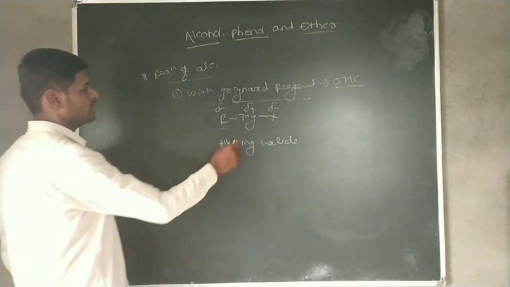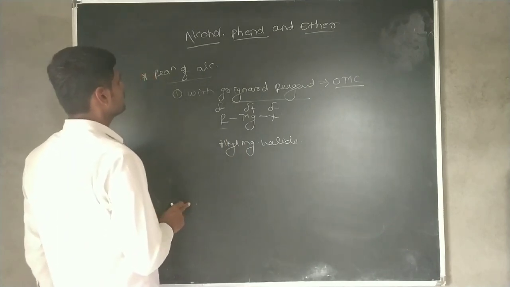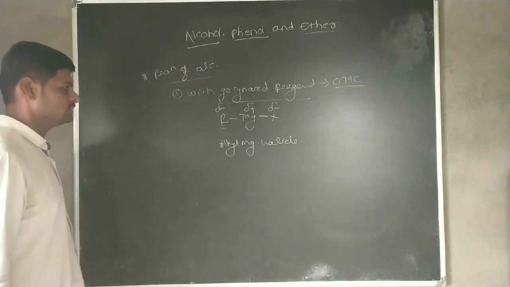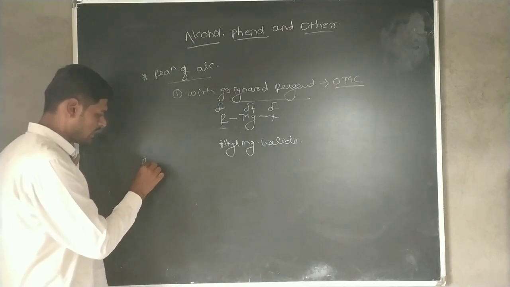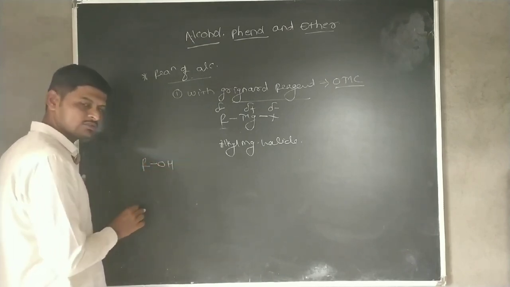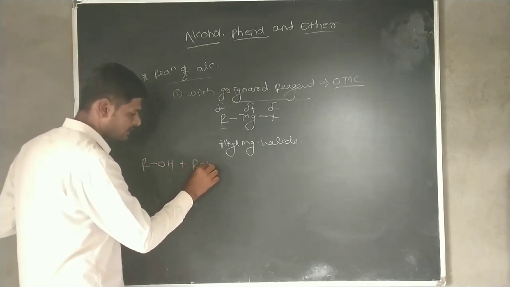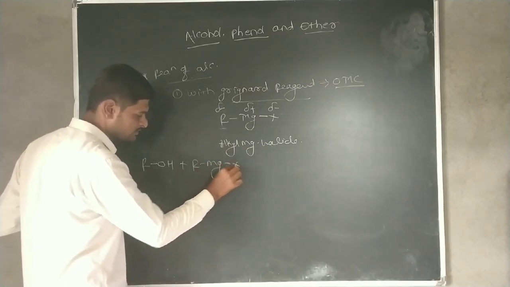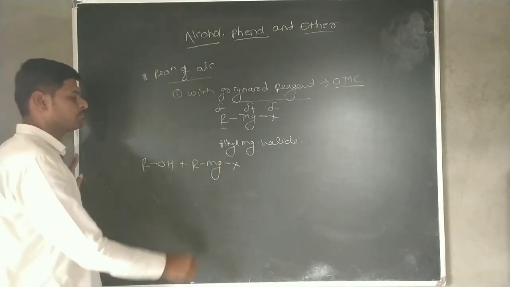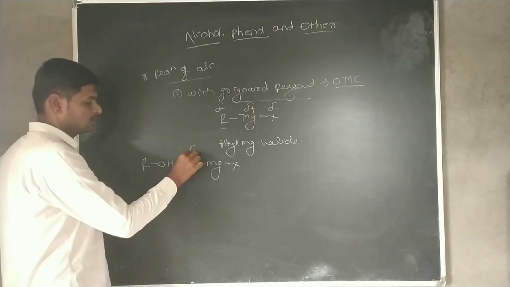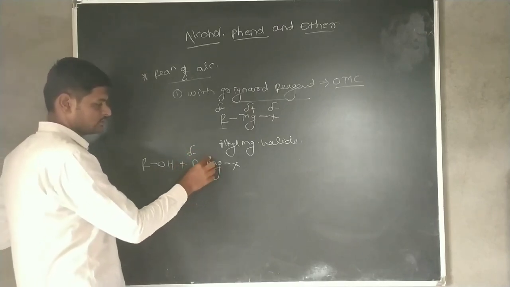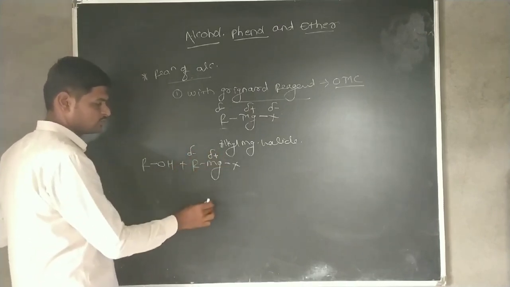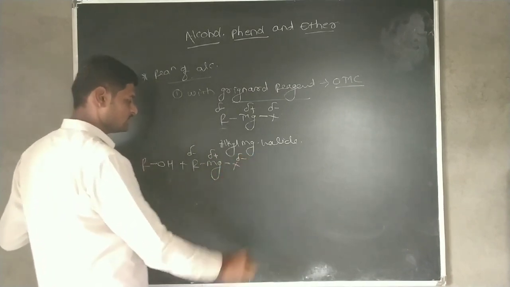This alkyl magnesium halide is reacted with alcohol ROH. It is reacted with Grignard reagent RMgX, also known as alkyl magnesium halide. In that, the alkyl group shows partial negative charge, magnesium shows partial positive charge, and the halogen also shows partial negative charge.